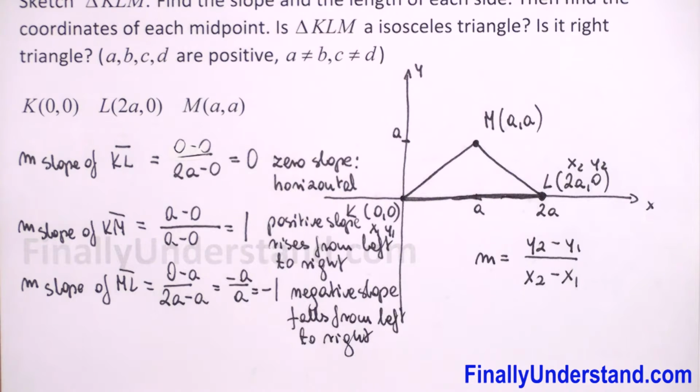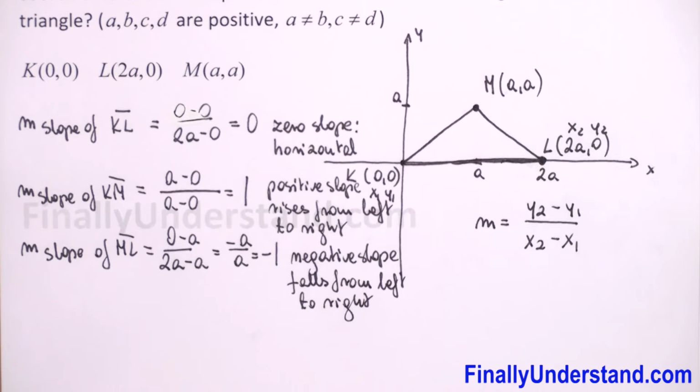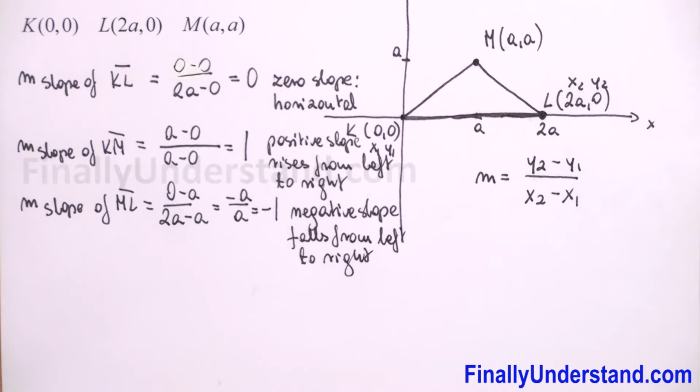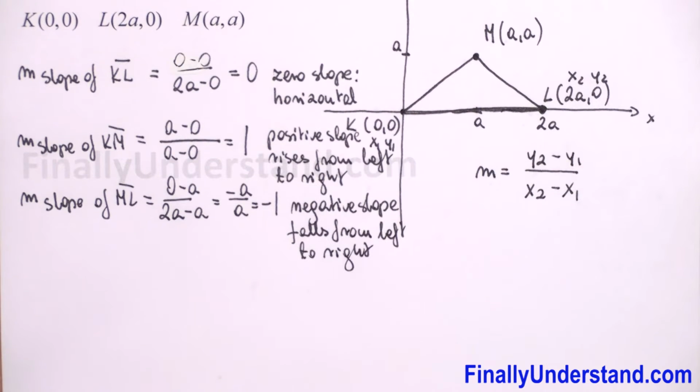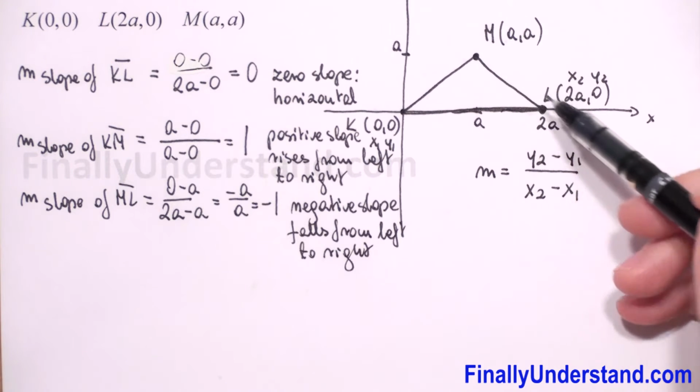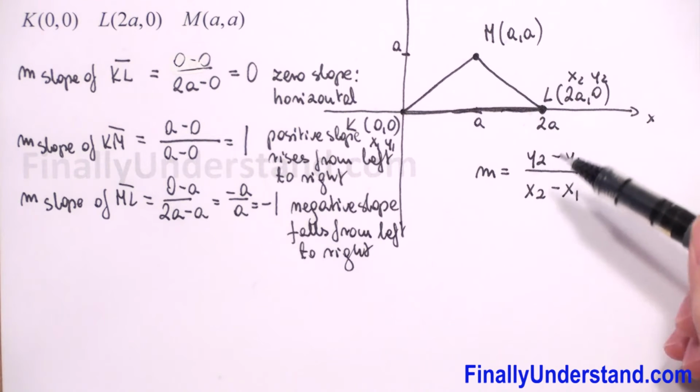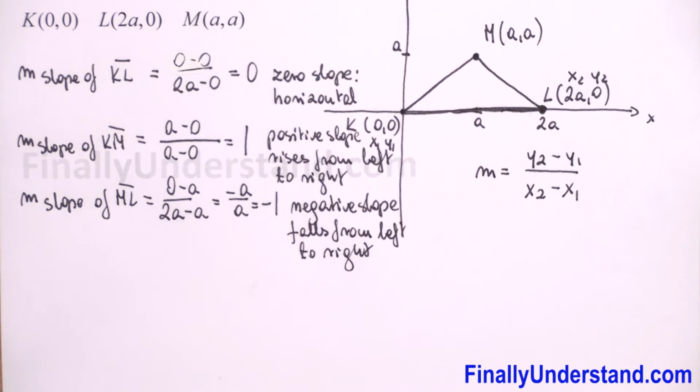So we found slope. Next we have to find the length of each side. Because we have given points and coordinates of these points, so we will use distance formula.